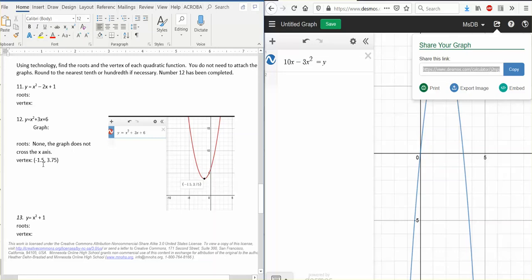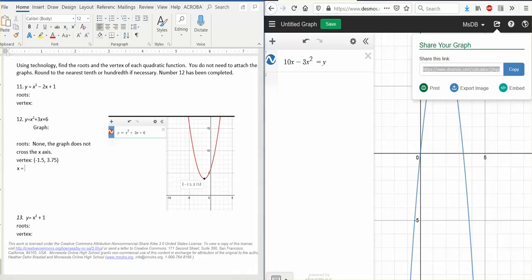I also have to name the vertex, and I did by clicking on that point and then typing in what I got. So Desmos really found the vertex for me. We could find the vertex with the equation that we used last week. X is equal to, no, we can't.